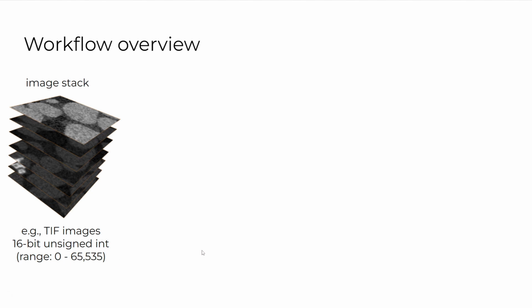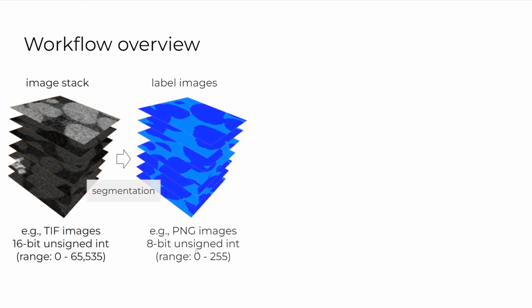Now, given the input image stack, the first thing we want to do is to separate the different classes or materials in the data using segmentation. Segmentation assigns each pixel of an image to a label, thus partitioning the image into different classes or materials.